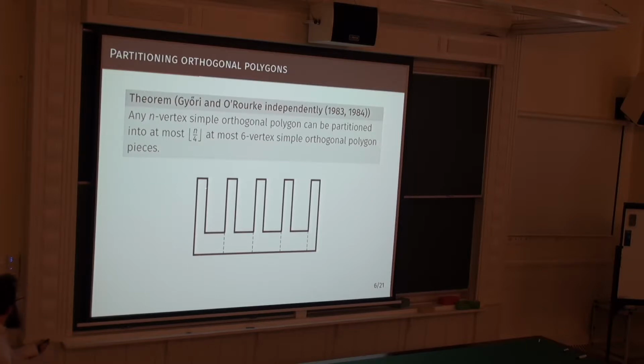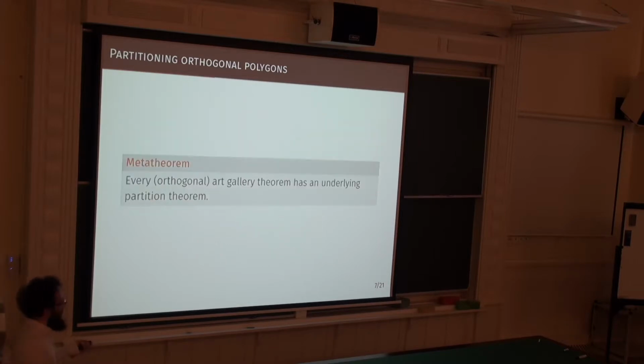And it's clear that an orthogonal polygon with at most 6 vertices can easily be covered by one guard. So this implies the theorem of Kahn, Klawe, and Kleitman, and it is a more general result as well. This result and also other previous results point to the existence of a meta theorem that art gallery theorems have underlying partition theorems.